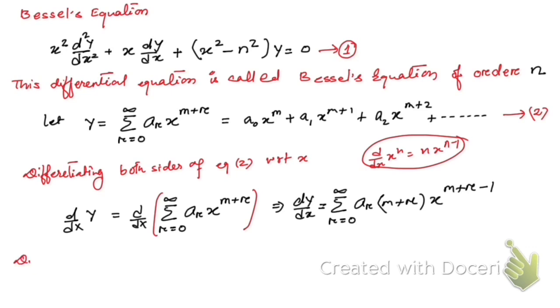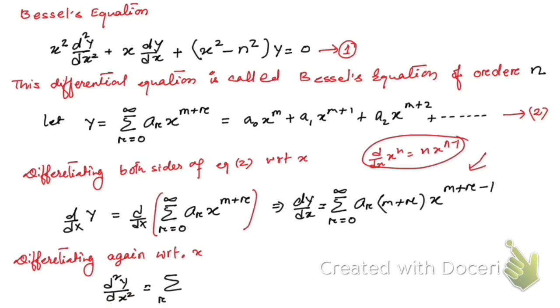Now again, if we differentiate this result with respect to x, we're going to get the second order derivative of y with respect to x. Again we apply this formula, and doing so we get a_r times m plus r. Now the power on x this time is m plus r minus 1, so this must be written first: m plus r minus 1.